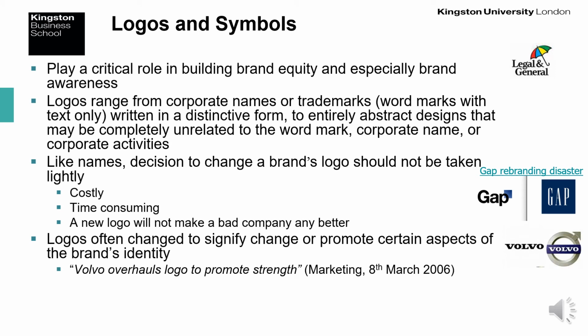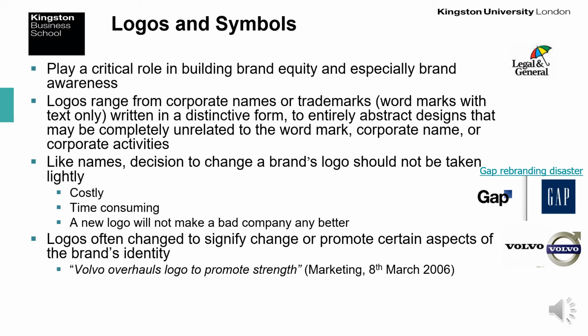Volvo also changed their logo from simply the name on its own to the name inside an almost 3D looking containment circle, which looks strong, metallic, etc. And this is absolutely why Volvo changed the logo.